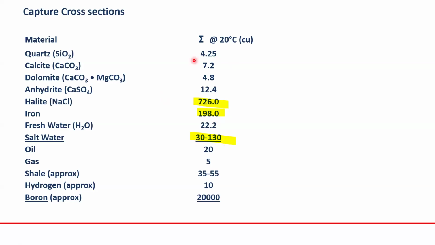But if you compare it with these ones, it's high. If you have a completion, it will increase sigma. If you have more salt, more saline water, it increases sigma, right? And there is boron, which is put in the mud to make the mud heavy. It's 20,000.